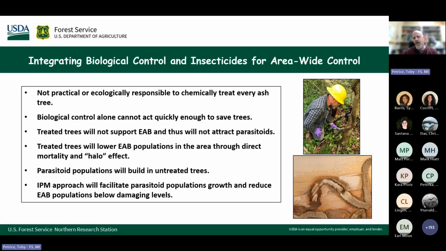The treated trees are going to lower the overall EAB populations in the area, either directly or also cause this neighboring effect or halo effect where the adults that also must feed on foliage are going to be moving around in the canopies of these trees and some will be feeding on these treated trees and dying and then not able to infest neighboring uninfested trees. And then we'll have the parasitoids again concentrated on these non-treated trees and helping protect trees in the stand, especially smaller trees.